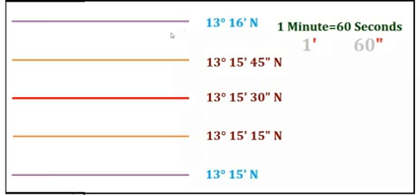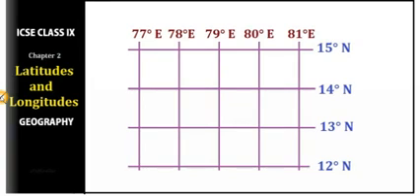I told you to locate a place, we have to coordinate different lines in the Earth's grid. So just see 12 degree north, 13 degree north, 14 degree north, 15 degree north, whereas on the other side 77 degree east, 78 degree east, 79 degree east, 80 degree east, 81 degree east.